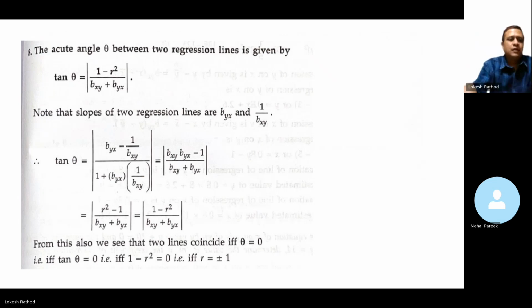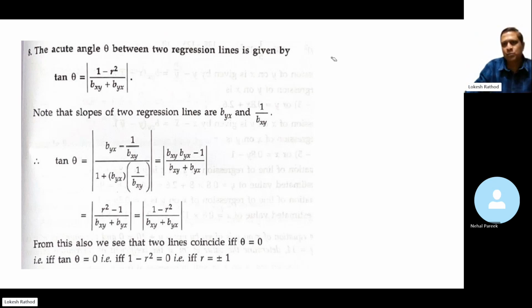Next thing, the acute angle theta between two regression lines is given by tan theta equals 1 minus r square over bxy plus byx. That is the angle between two lines. So in a straight line, you remember the formula?